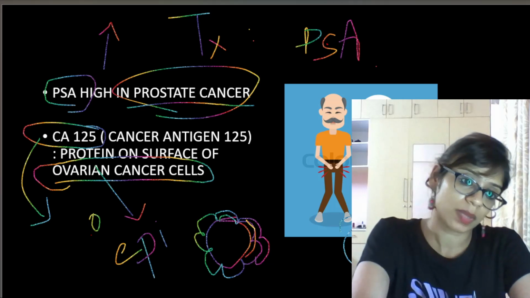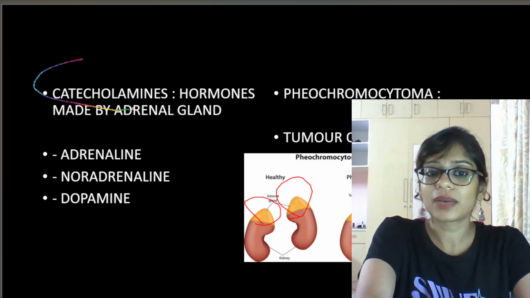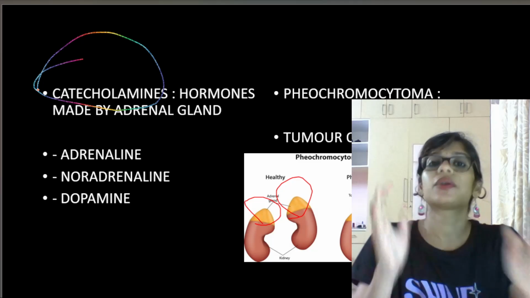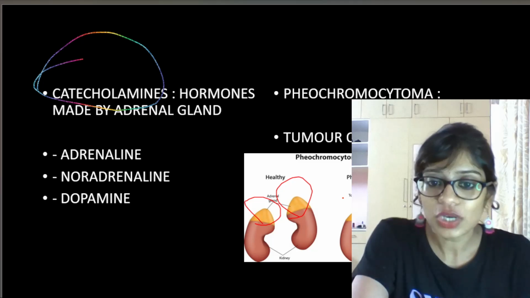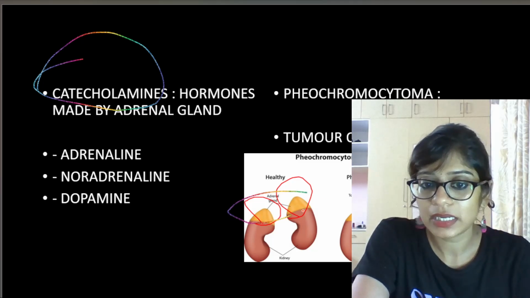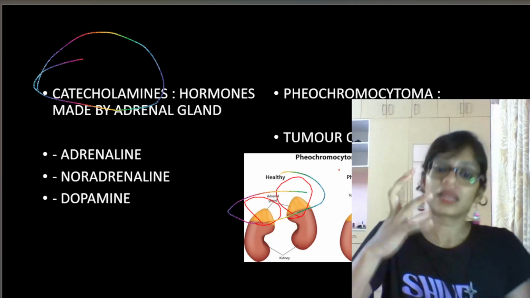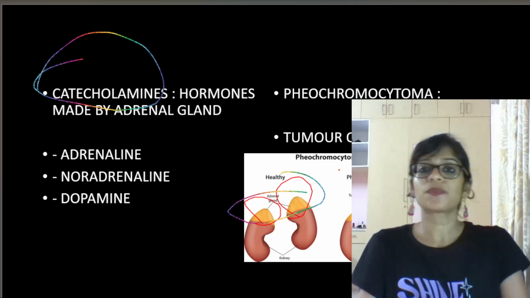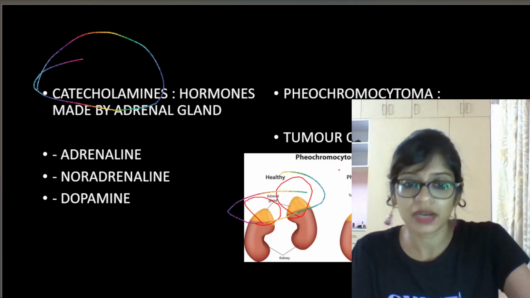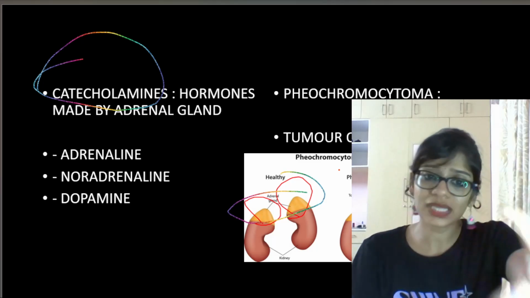Easy? Okay. Next, catecholamines. What do you mean by catecholamines? Catecholamines are nothing but hormones produced by the adrenal gland. These are the adrenal glands, above the kidneys. The adrenal glands produce hormones like adrenaline, that is epinephrine, noradrenaline, that is norepinephrine, and dopamine.